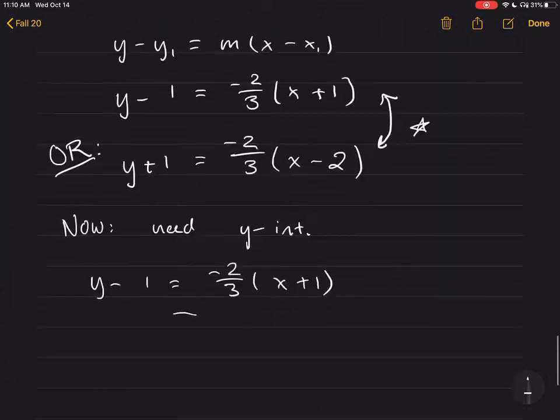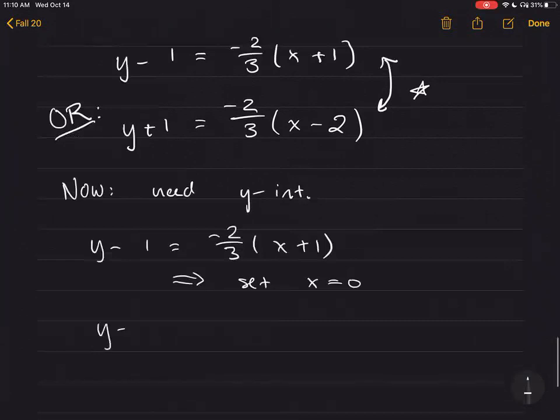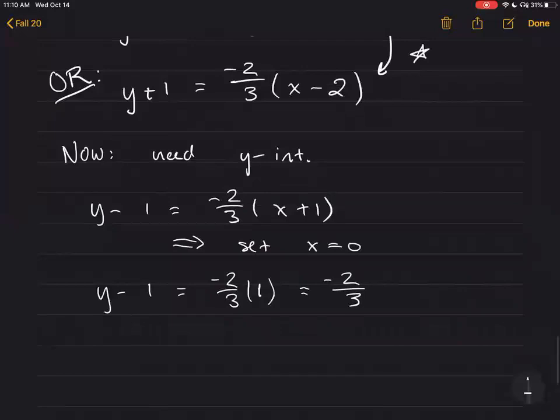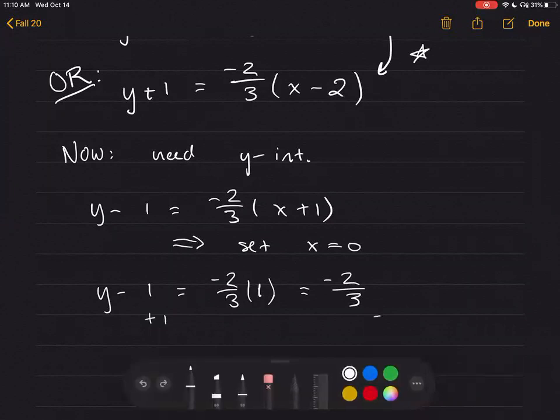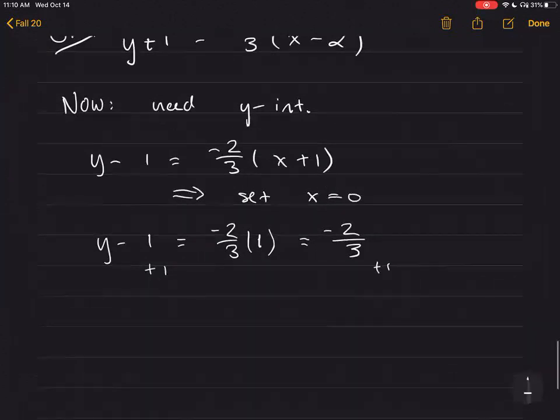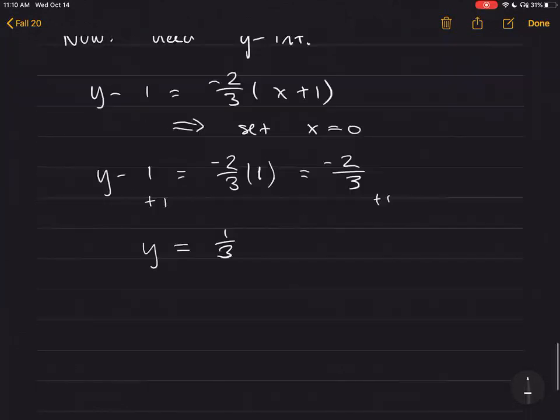I'm going to set x equal to 0. And so I'll get y minus 1 equals -2/3 times 1, since the 0 goes away. So that's just -2/3. If I add 1 to both sides, I get y equals -2/3 plus 1, which is just going to be 1/3. So that is the y-coordinate of the y-intercept.